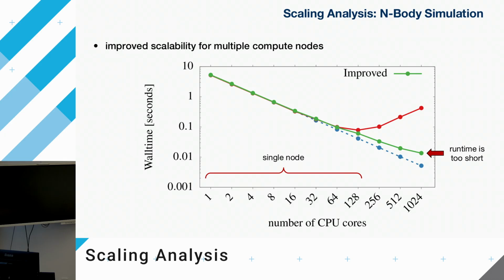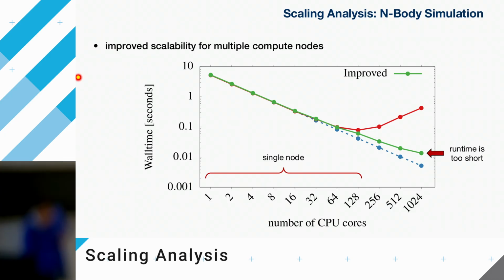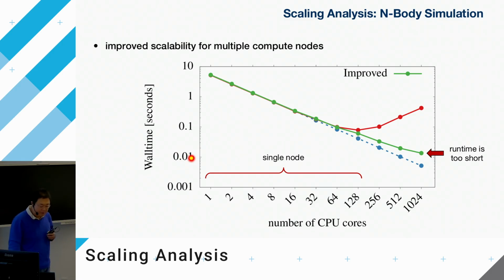Here you still see some differences because the runtime is really too short. If you look at the time scale, this is less than 0.01 second. So for this small time, you see the discrepancy from the ideal scaling.